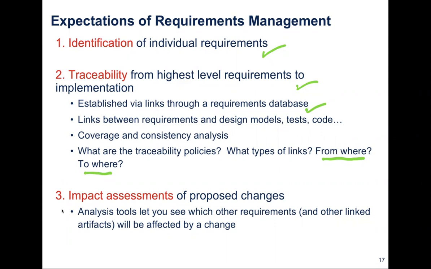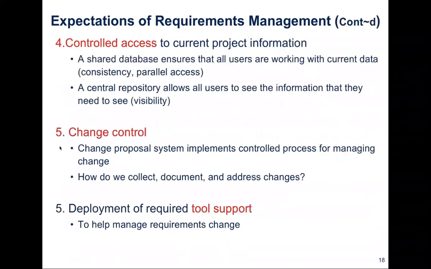After we do impact assessment of the proposed changes, given the fact that we were able to trace the relationship between requirements and we were able to identify the requirements and requirement changes, we now can provide control access to the current project information, in which we have a shared database of all the requirements, the design models, and the test cases.